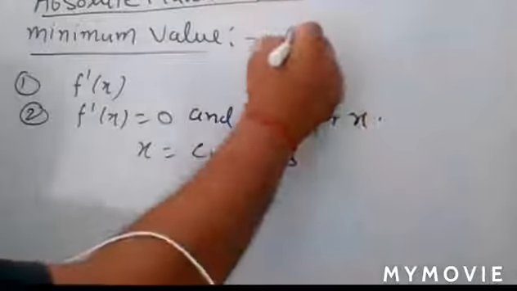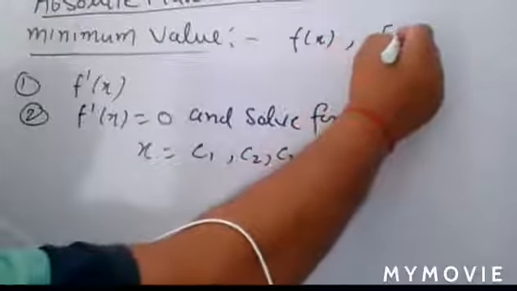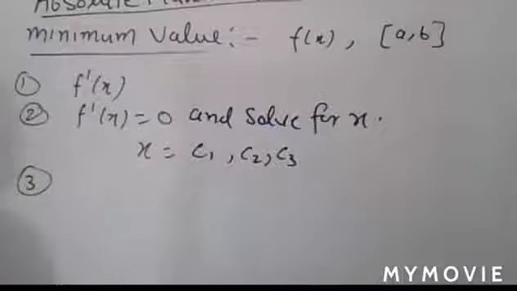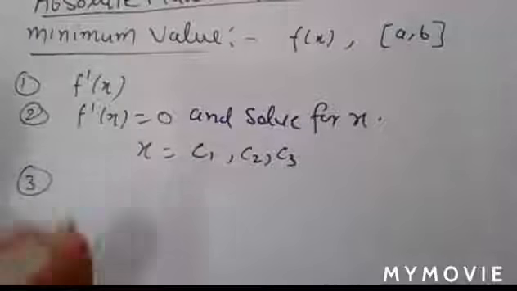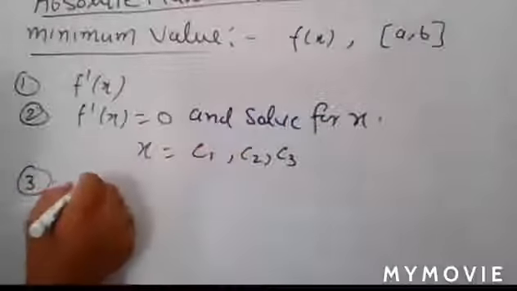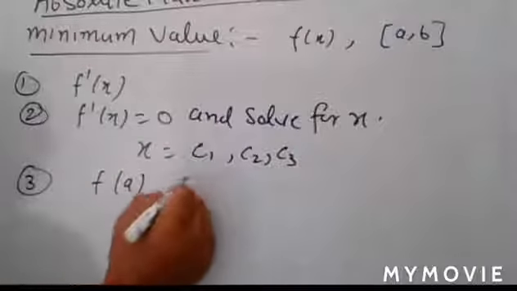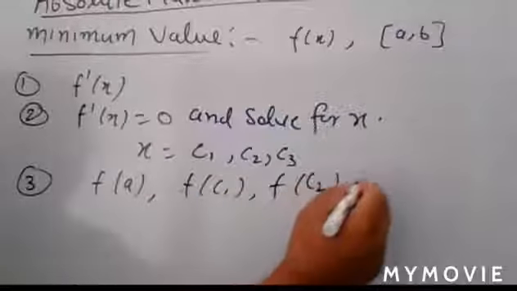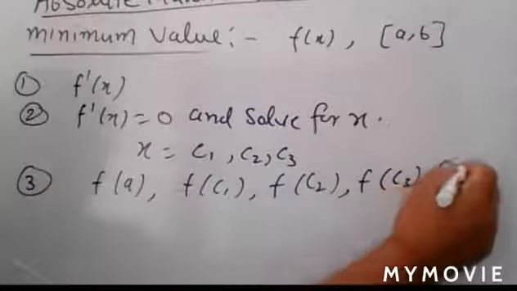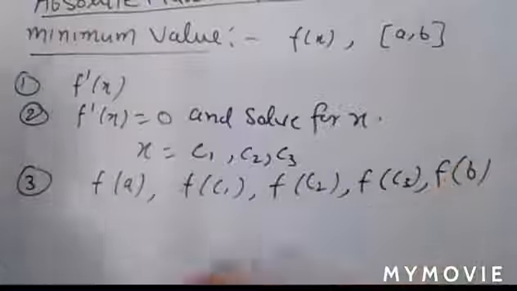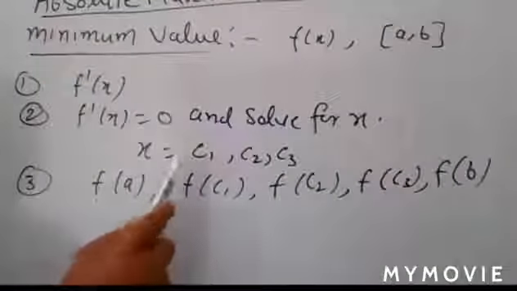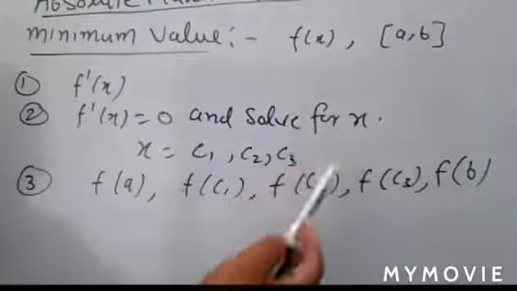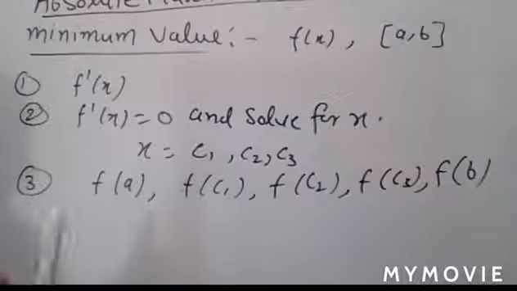Suppose f(x) is given in a closed interval [a, b]. Now in the next step, after getting the values of x, you find f(a), f(c1), f(c2), f(c3), and then f(b). You take only the values of x which lie within the interval, not beyond that. That is your first note.